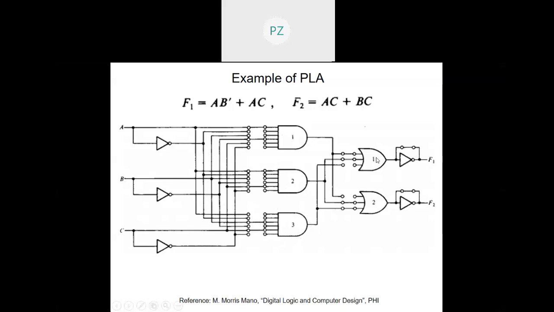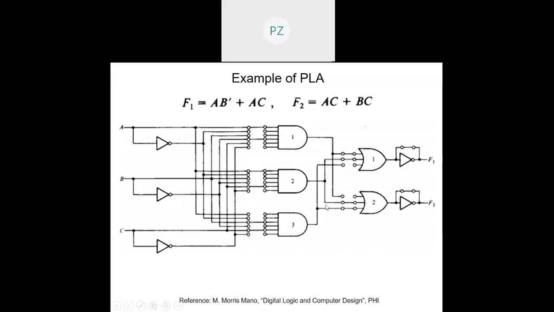Now I'll employ two OR gates, and this one will have AB' or AC. The link corresponding to BC will be blown off because this function doesn't have BC. This fuse will remain because I'm realizing F1 itself. In the other case, the link corresponding to AB' is blown off, so that is not connected.